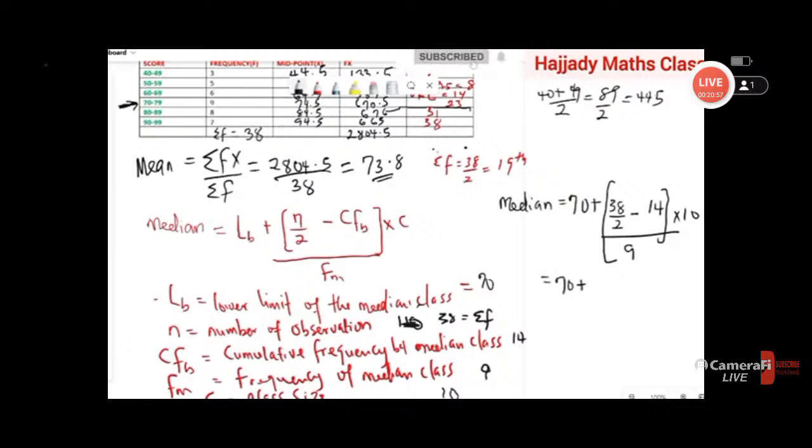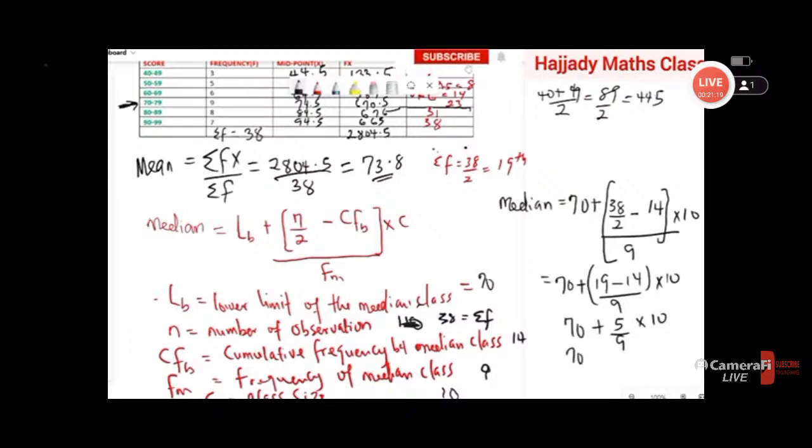So going forward, we have 70 plus 38 divided by 2, which is 19, minus 14, everything over 9, multiplied by 10. So here we have 70 plus 19 minus 14, which gives 5, over 9 multiplied by 10.